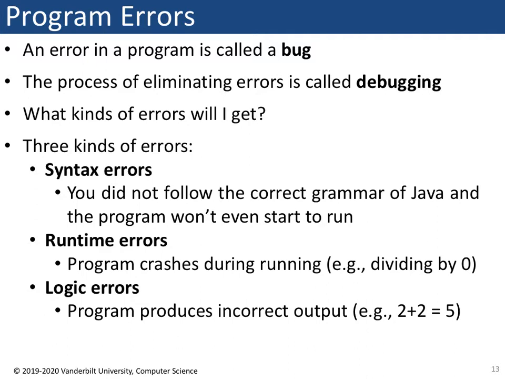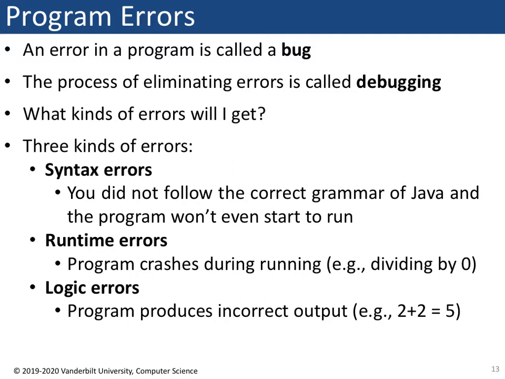Second type of error is a runtime error. A runtime error is something that the compiler won't catch, but as the computer begins to execute the program, it's going to do something that the computer itself considers illegal. A good example would be, let's say your program takes input from the user and divides it by the next input from the user.